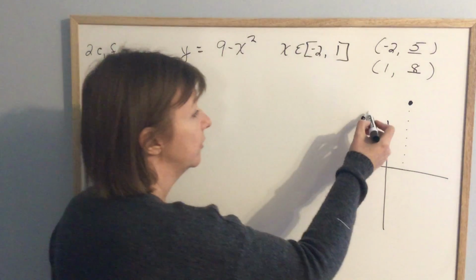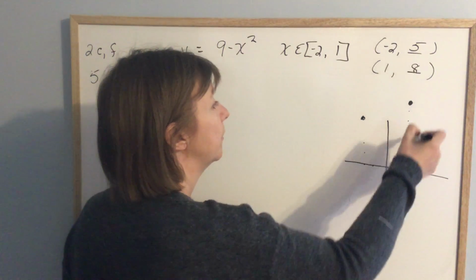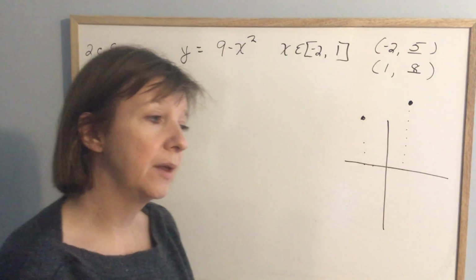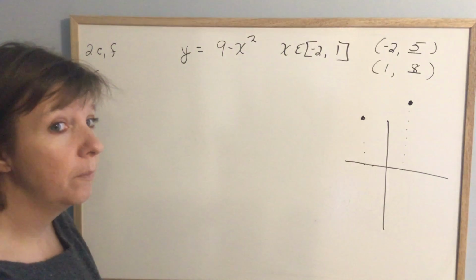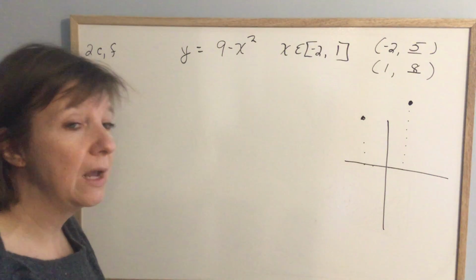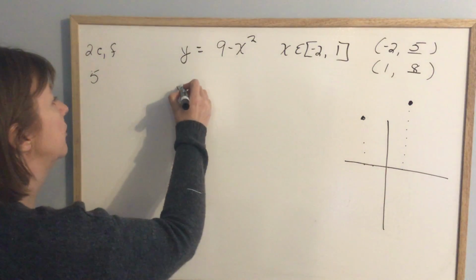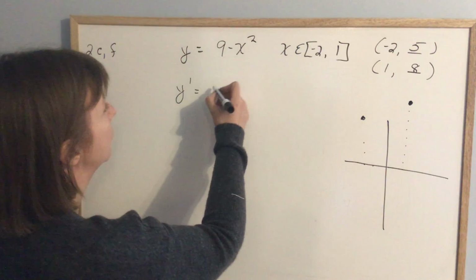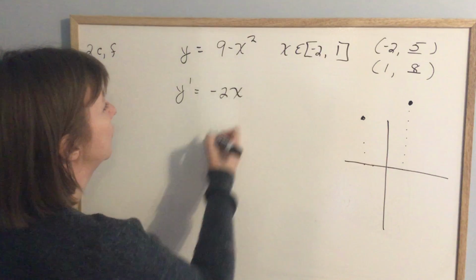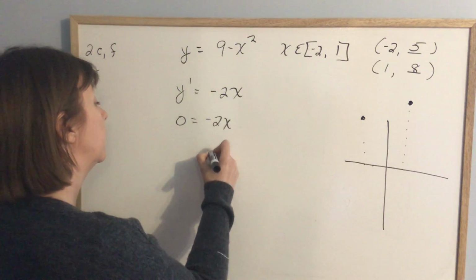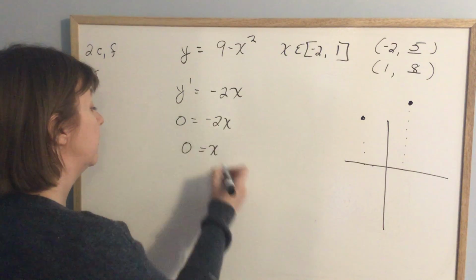Now, does it go down this way? Does it go up this way? I need to figure out if there are any local maximums or local minimums. They may or may not be absolutes, not sure yet. So I'm going to find the derivative, which is -2x. I'm going to make it equal to 0 and solve. So x would be 0.